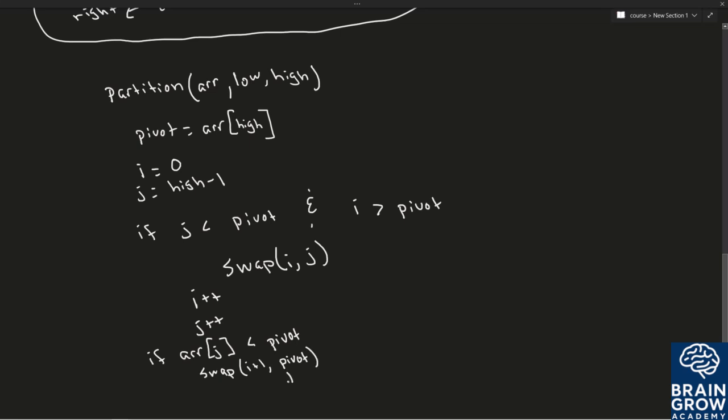That way this puts it in the middle, and this will put pivot in the correct location. Let's be a little bit more specific: in the correct index.